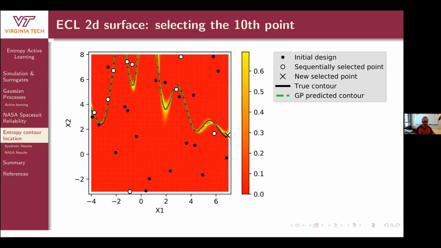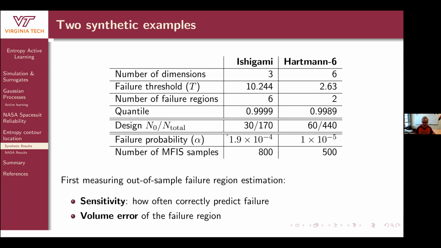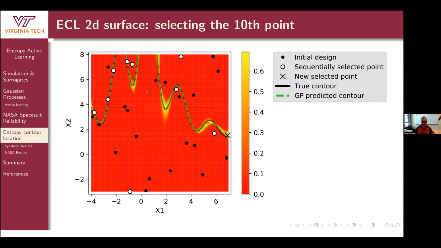So I now have very low uncertainty about where this contour is. And although I can certainly take more data, I don't even have a next slide. You can see that I'm already pretty accurate about where my contour is.